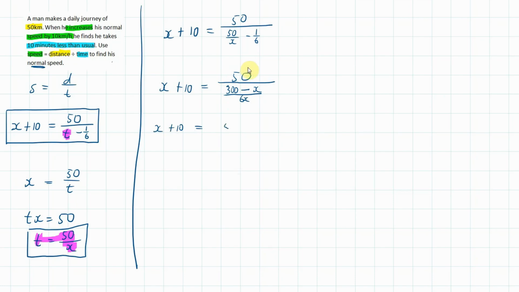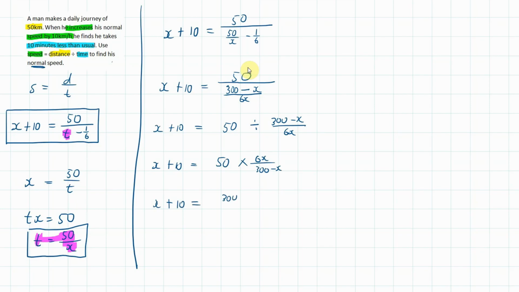So we can go 50 divided by 300 minus x over 6x. Then we change that by doing 50 times the reciprocal, which is 6x over 300 minus x.